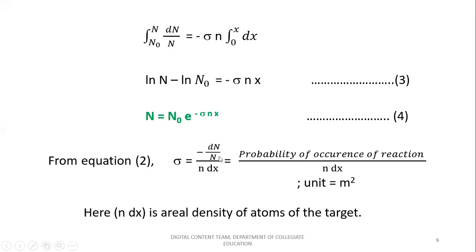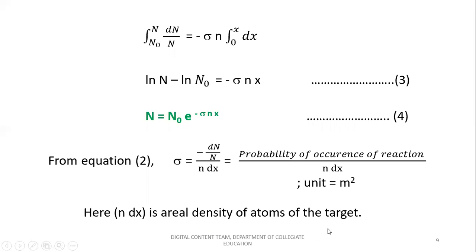So here minus dn by n tells you the probability of occurrence of the nuclear reaction divided by n dx, and the standard SI unit for sigma is meter square. And here n dx is nothing but the areal density of the atoms of the target. Areal density of the atoms of the target indicates the total number of atoms per area.